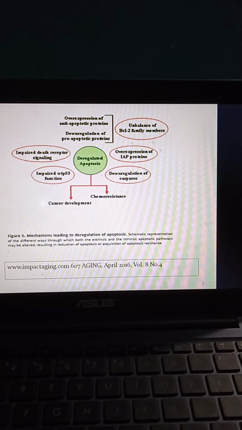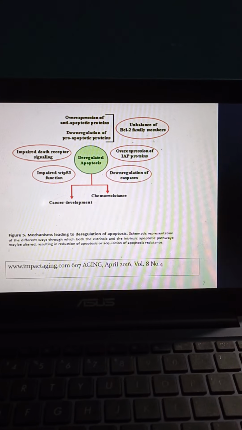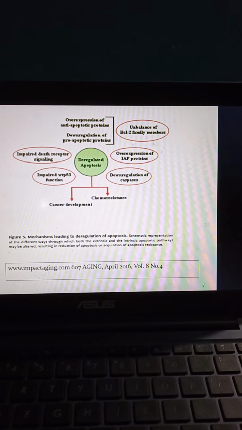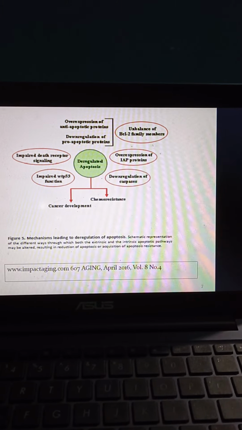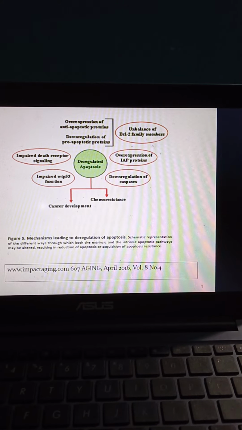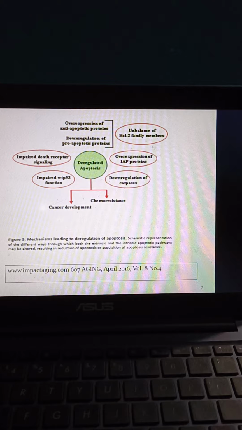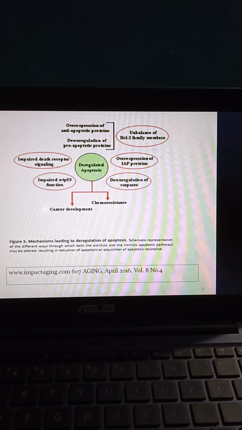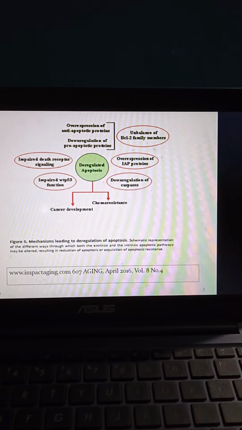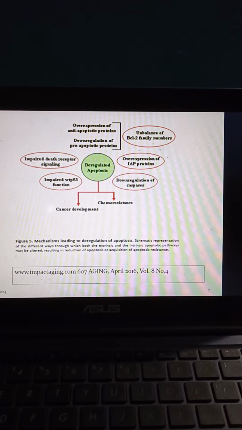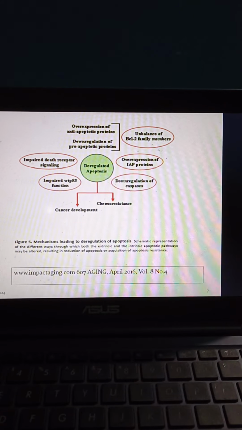So, deregulated apoptosis causes cancer development and chemoresistance, through overexpression of anti-apoptotic proteins, downregulation of pro-apoptotic proteins, imbalance of BCL2 family members, overexpression of IAP proteins, downregulation of caspases, impaired death receptor signaling, and impaired wild-type p53 function. This is a complex mechanism of deregulation of apoptosis.